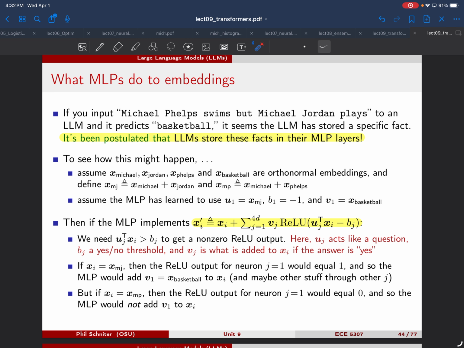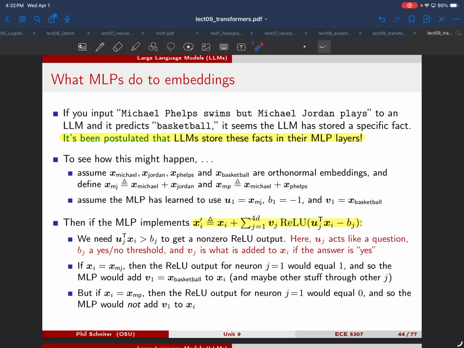These are the different rows in the input layer weights, and we have an input layer bias, and then this is the jth row in the output weight, and so the effect of the MLP will just be a sum over all of those.